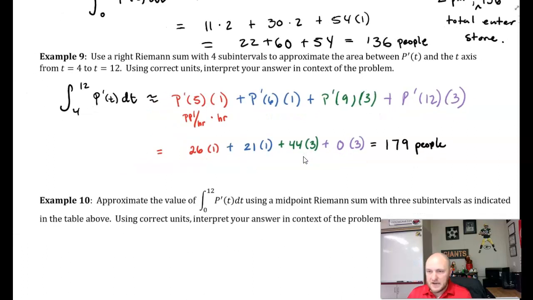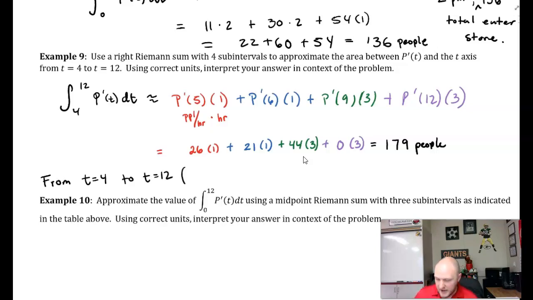Now, what does that mean in context of the problem? Well, we can say from t equals 4 to t equals 12.